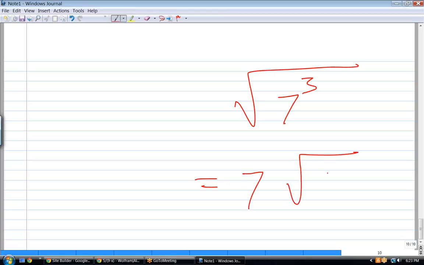Wait, what was the last step on that? When you have the square root of 7 cubed, this is the vital step. That's equal to 7 times the square root of 7. Because notice that if I take 2 of those cubes, 7 times 7, that comes out as a 7. Okay.